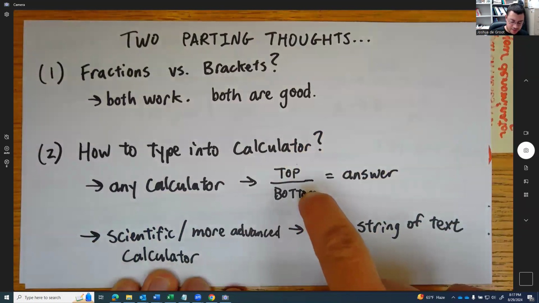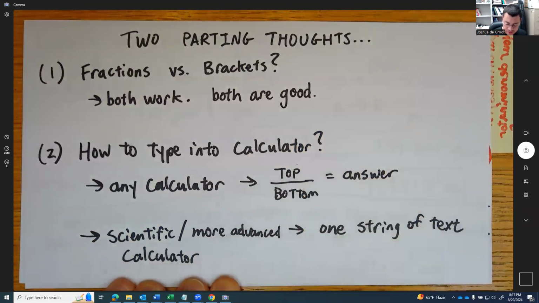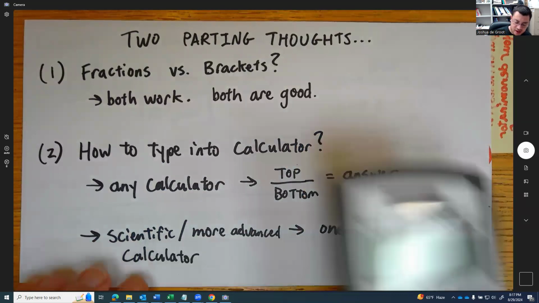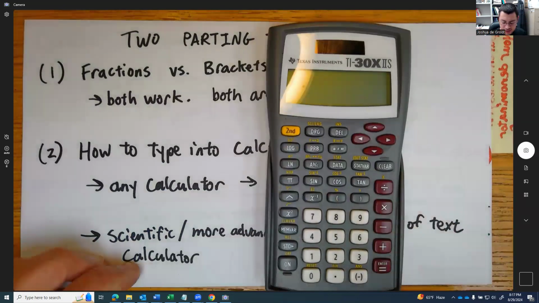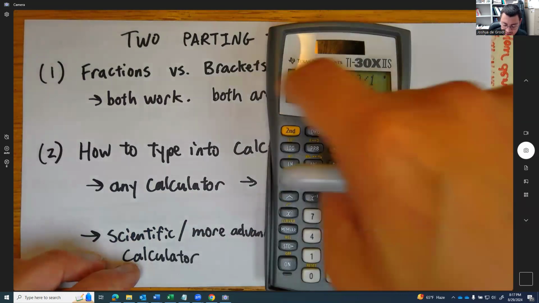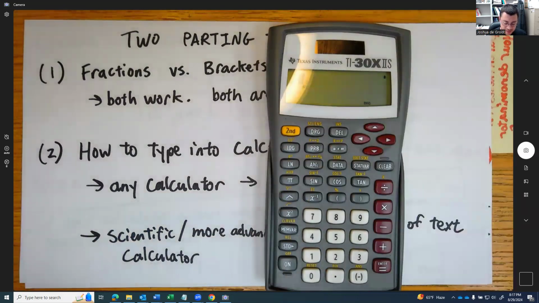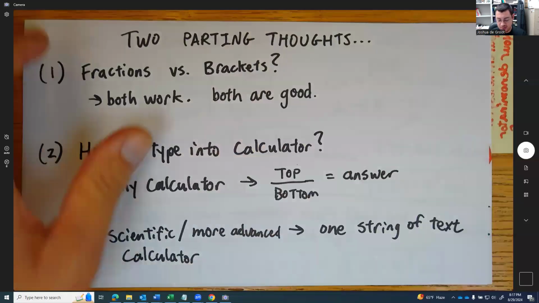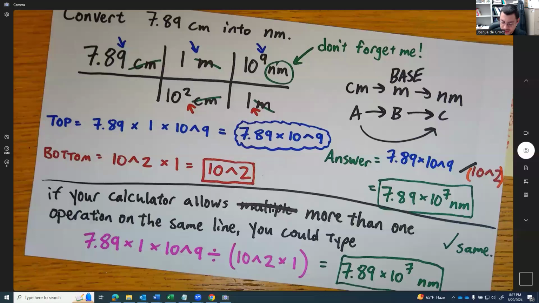If you have a more advanced, a little more costly calculator, like a graphing calculator, or something less expensive like a scientific calculator, you can type everything into 1 string. I'm going to show both ways.